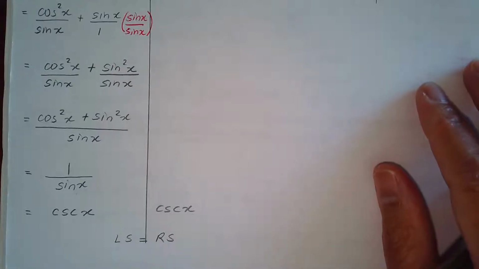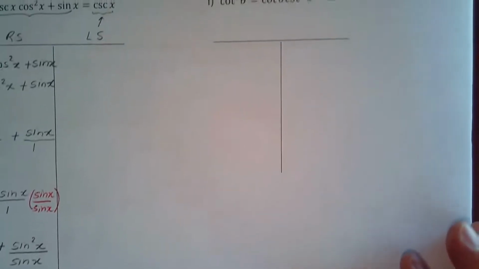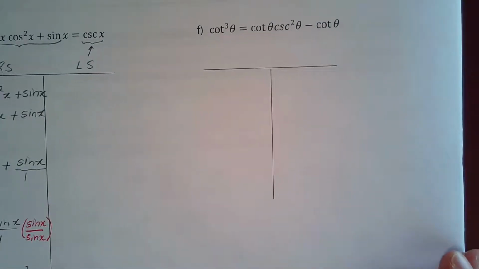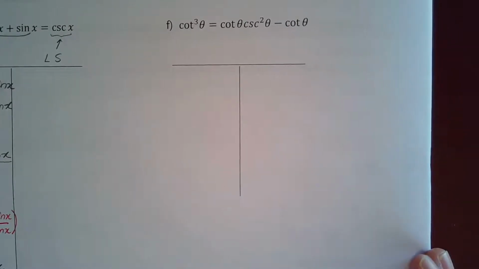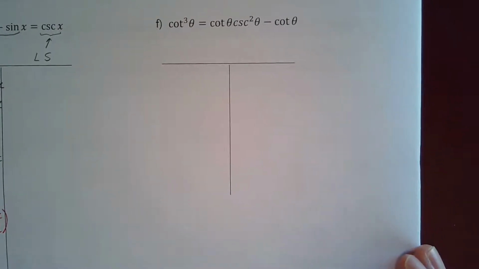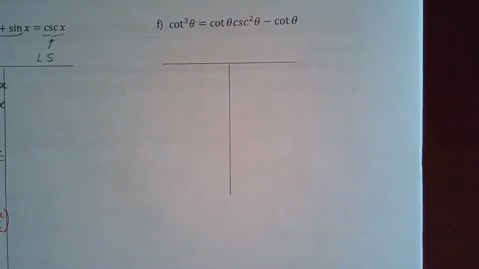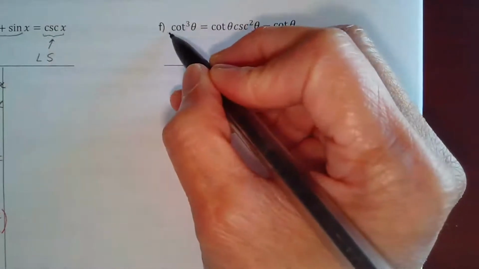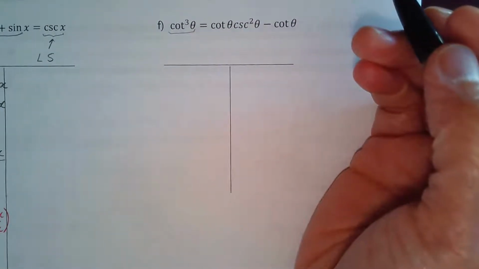Now what we're going to do is take a look at letter F. Okay, what can we do? The left side is pretty straightforward. It's just cotangent cubed of theta.